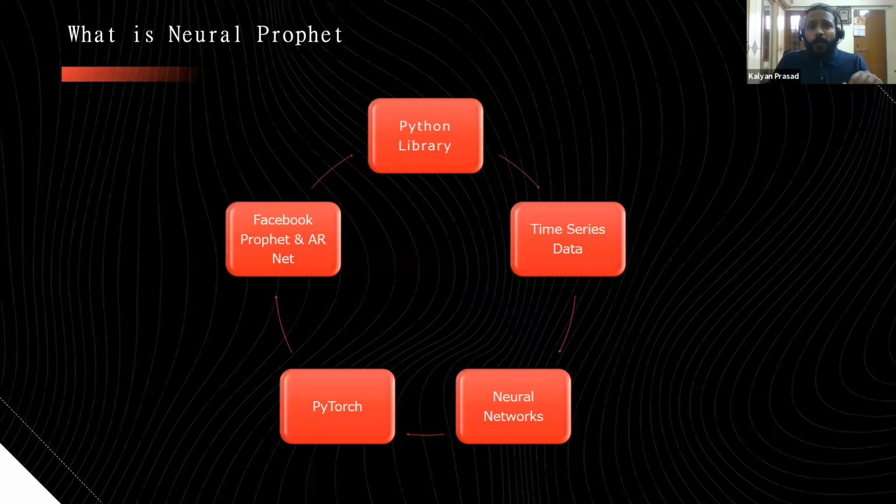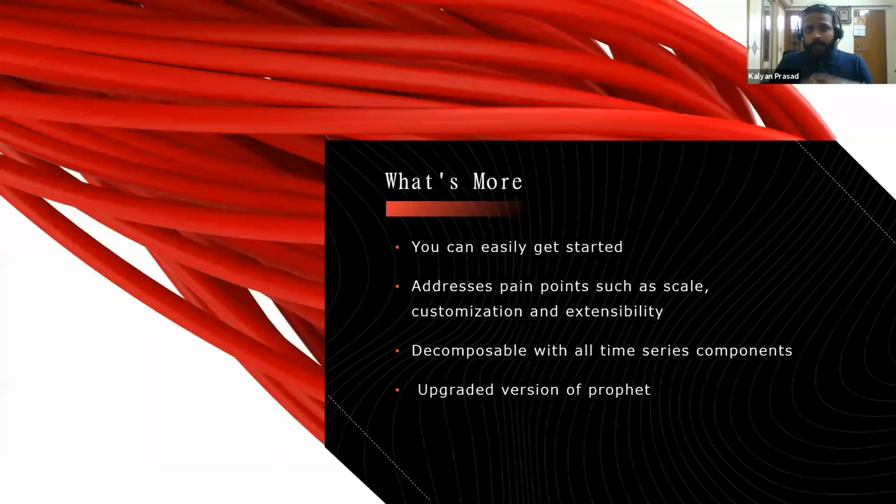What more do you need to know about NeuralProphet? This library is beginner friendly, and one can easily set up and start building a time series model. It also addresses pain points such as scale, customization, and extensibility. With this library, you can easily scale. Your model can be completely scalable, and you can also customize or adjust your model according to your needs.